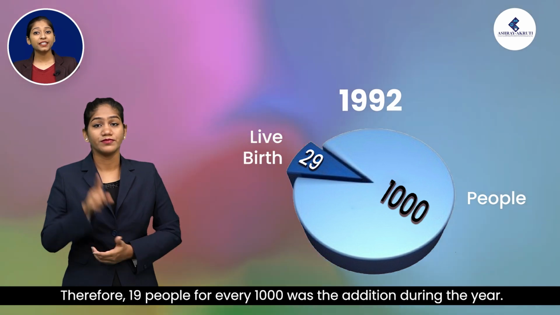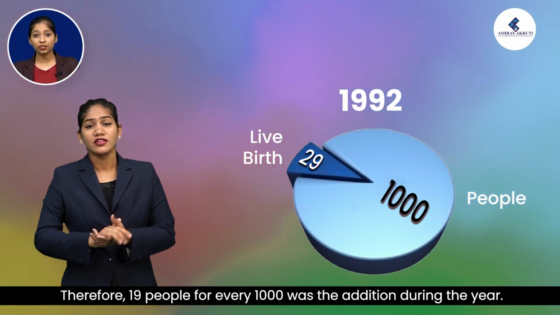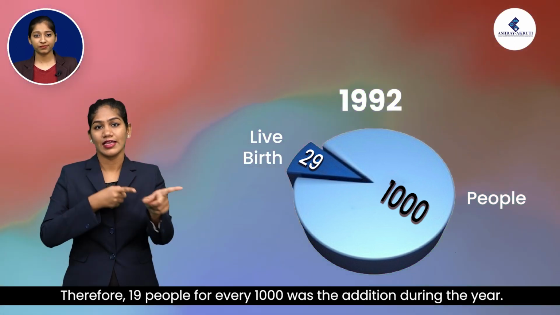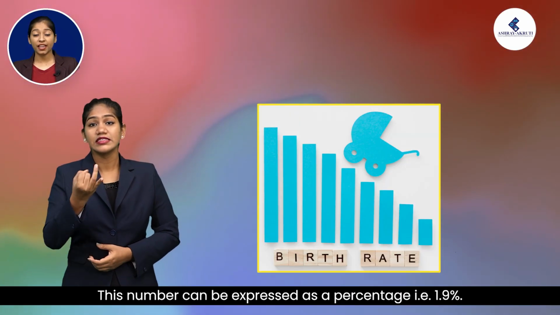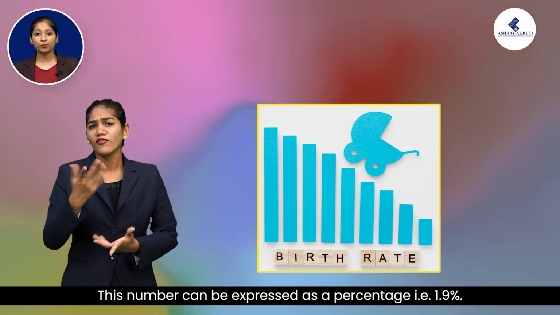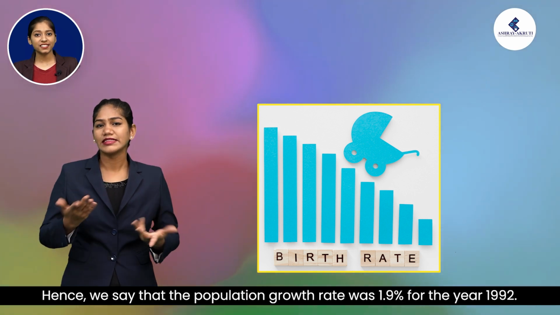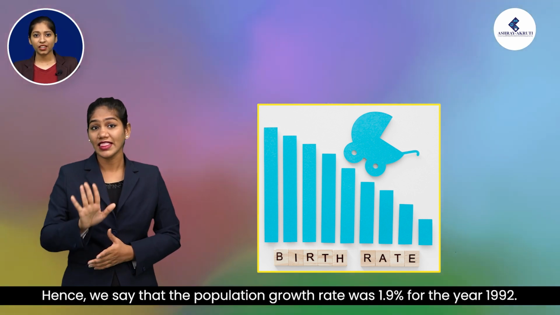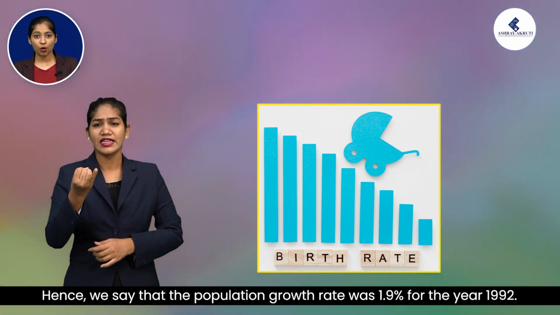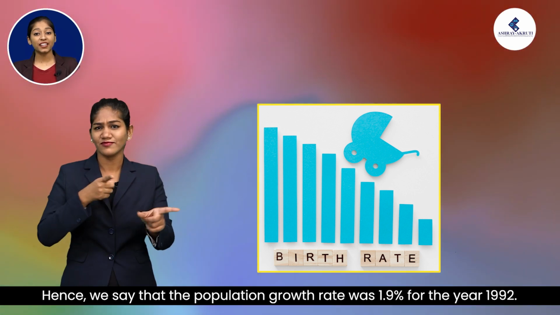Therefore, 19 people for every 1,000 was the addition during the year. This number can be expressed as percentage, that is 1.9%. Hence, we say that the population growth rate was 1.9% for the year 1992.